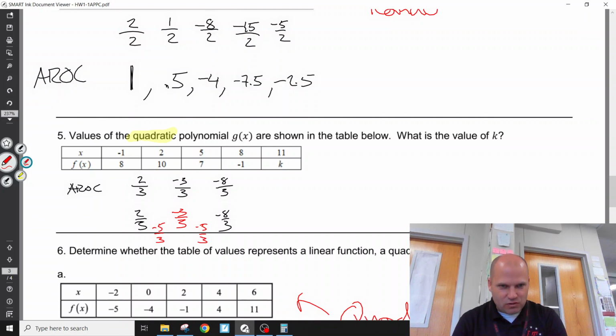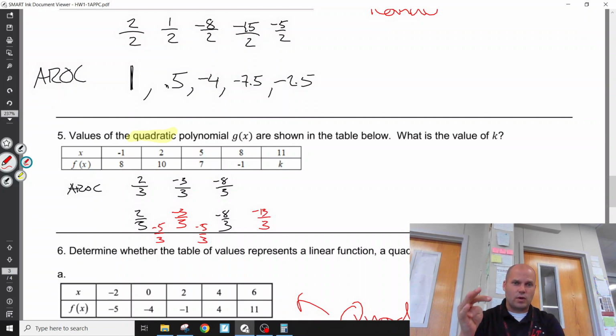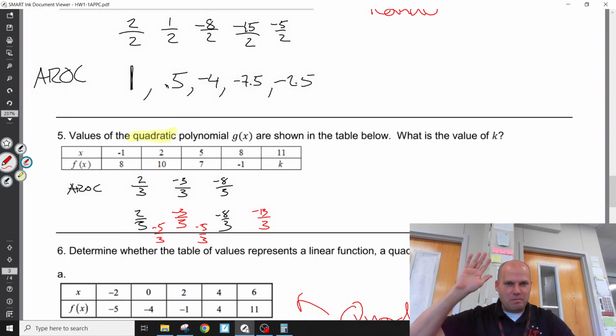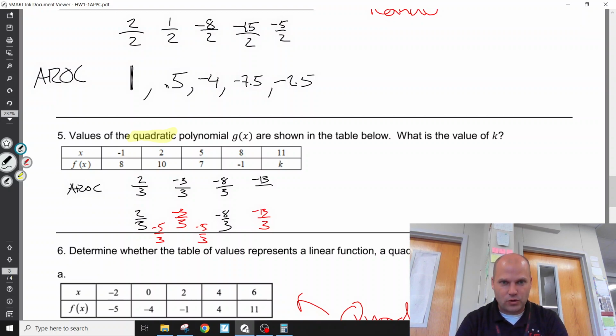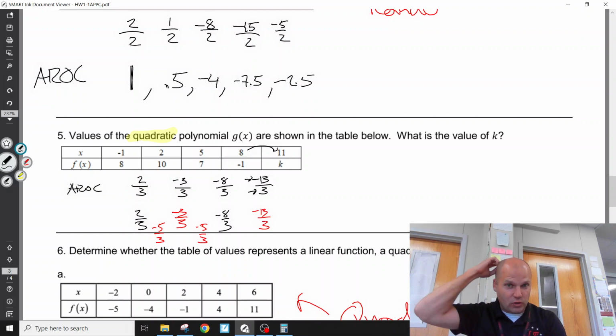That means the next rate of change has to be down 13/3. Okay, 8, 9, 10, 11, 12, 13. If my rate of change is -13/3, I have to go down 13 over the course of my 3 x's that I've traveled. Well, I already got 3 x's here. Now I just need to take my y's and go down 13.